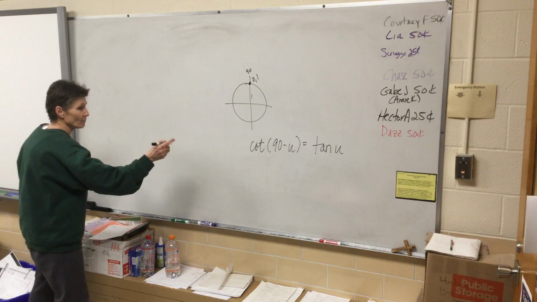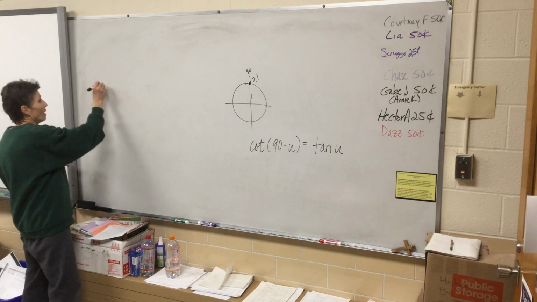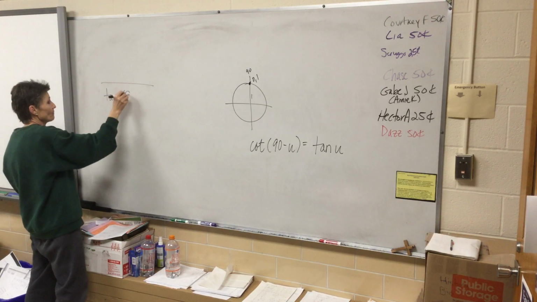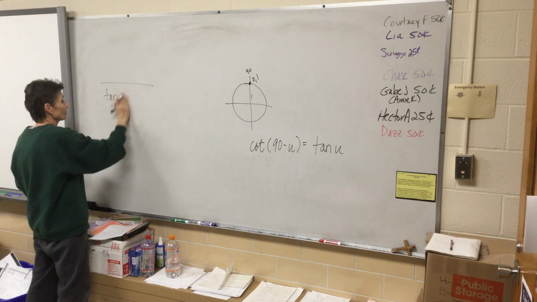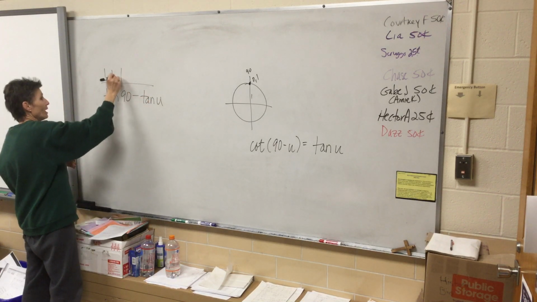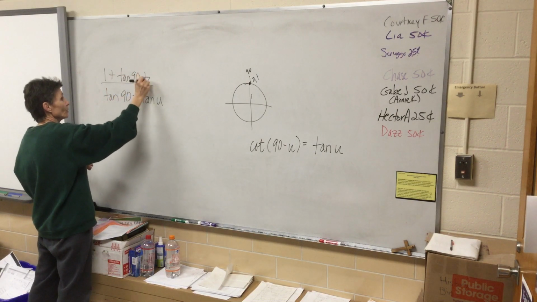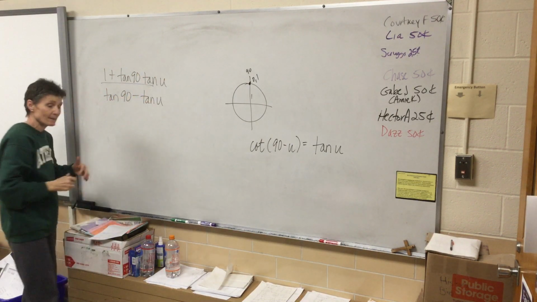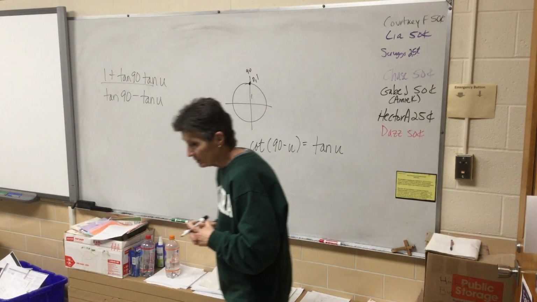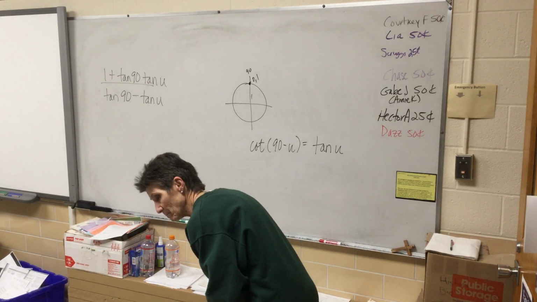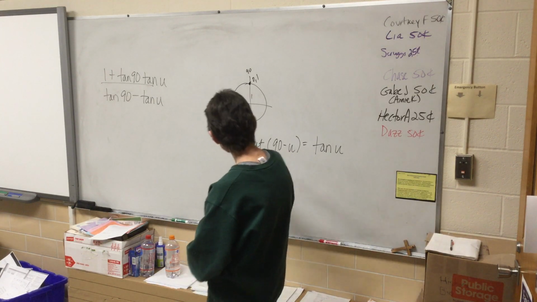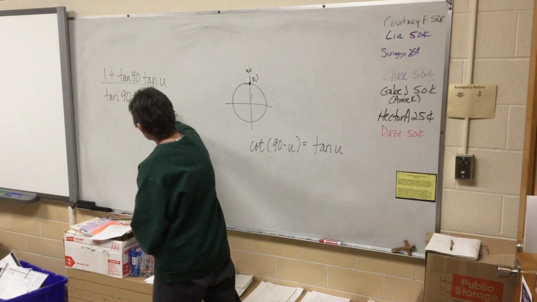So the formula for the tangent is tangent 90 minus tangent u over 1 plus tangent 90 tangent u. So I just wrote my formula upside down. Does that make sense to you? I went ahead and just flipped over the original since it was a fraction. So the cotangent will be that.